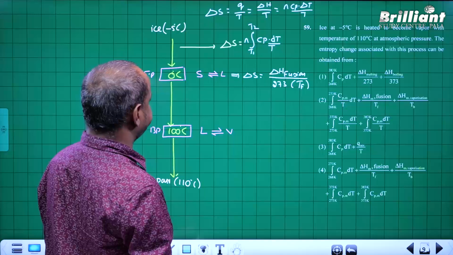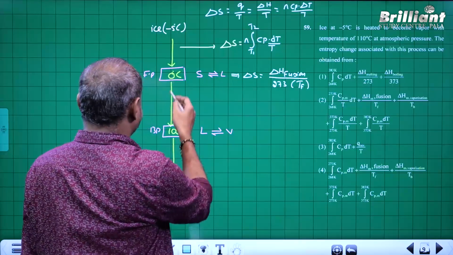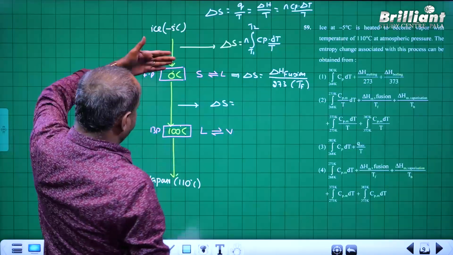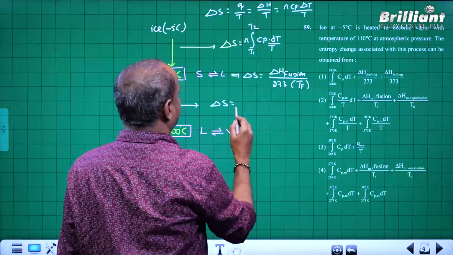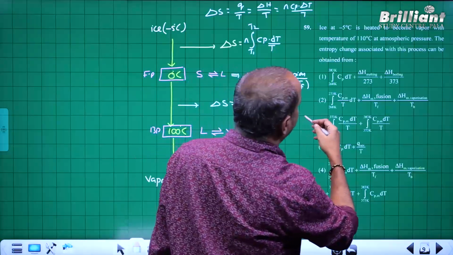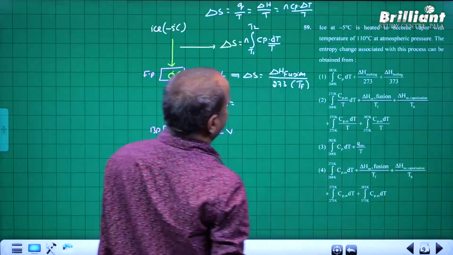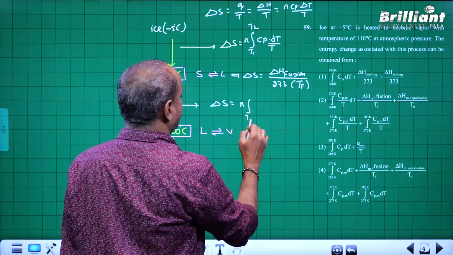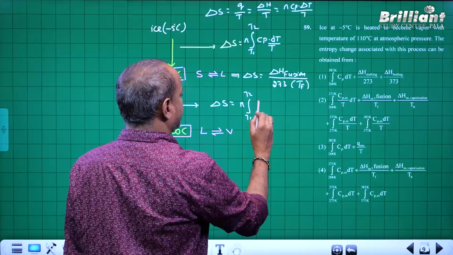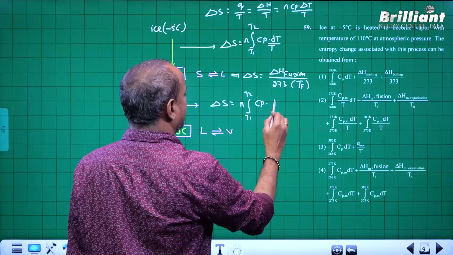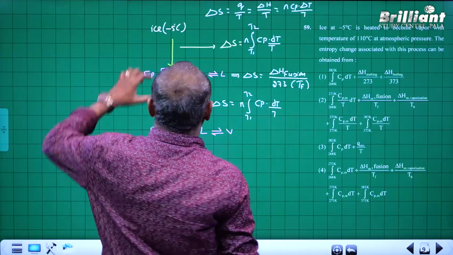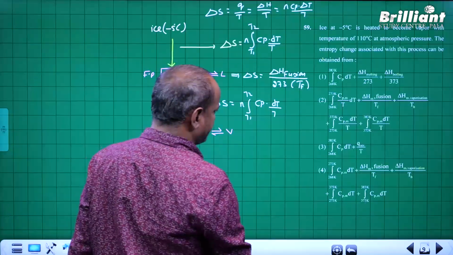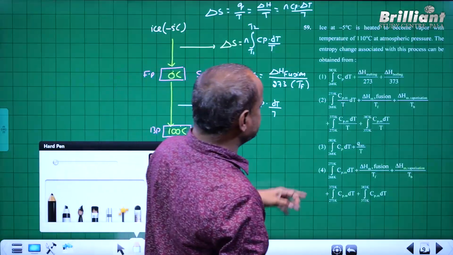Next, this step, delta S equal to 0 to 100, same. n is 1 mole only, because we are not going to take more than 1 mole. So T1 to T2, Cp dT by T. This is Cp of the solid state, that is the Cp of the liquid state, but the question is not making a difference.